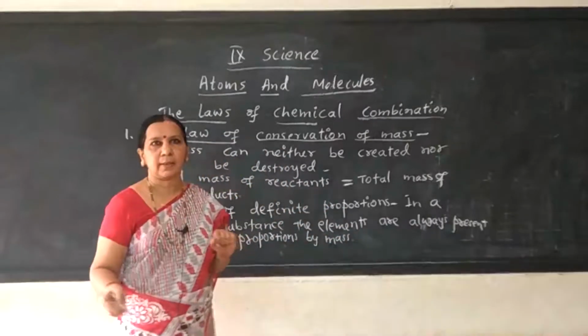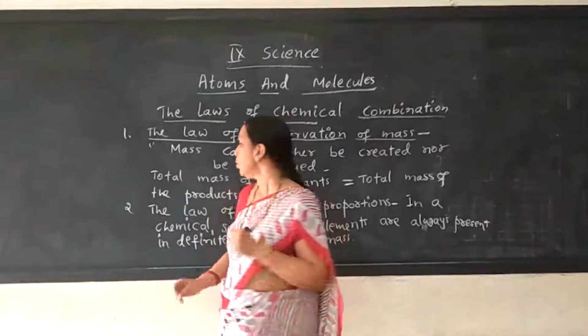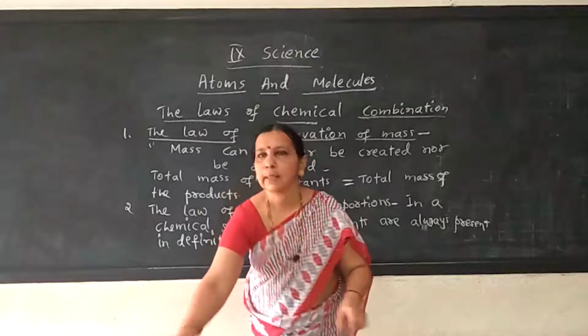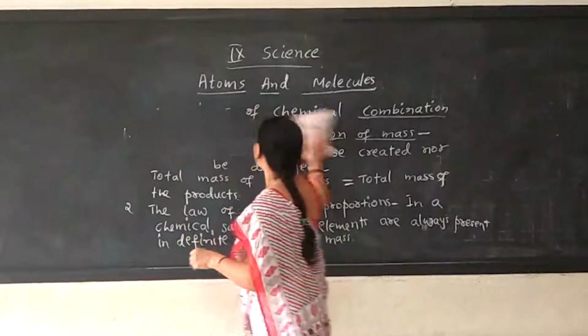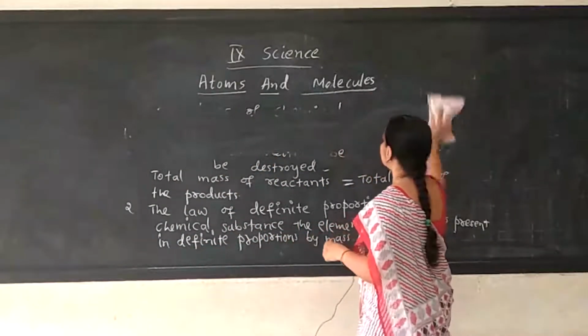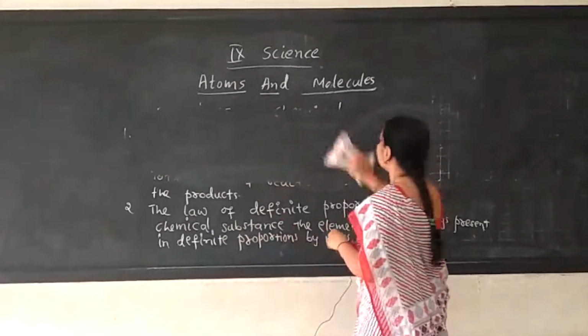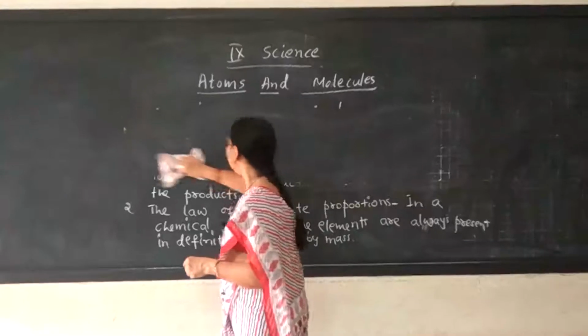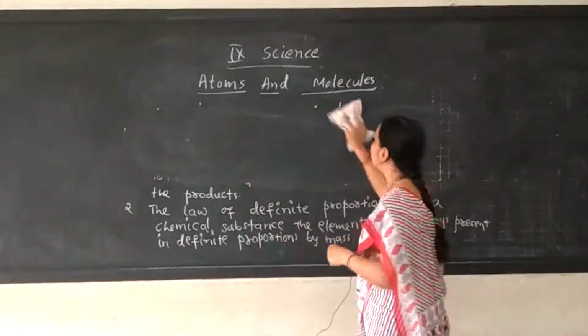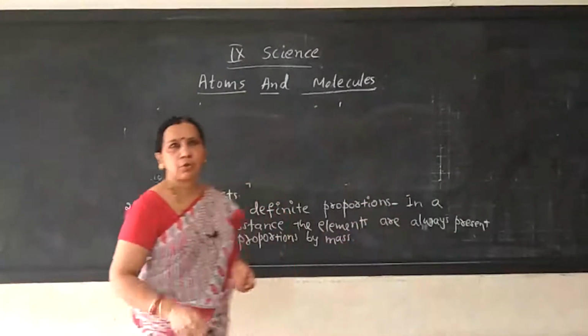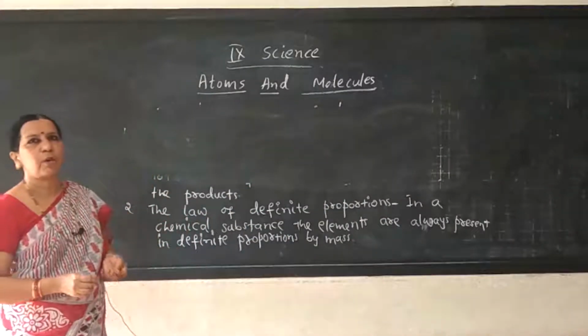What does it mean? If you take a chemical compound, water, then it consists of two elements called hydrogen and oxygen. They combine in a ratio 2:1. Means 2 atoms of hydrogen combine with 1 atom of oxygen.